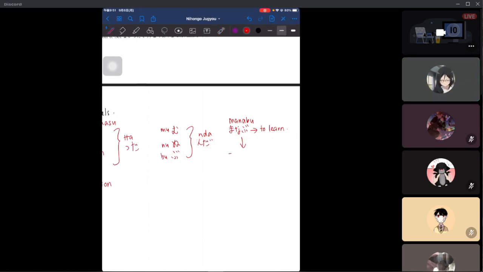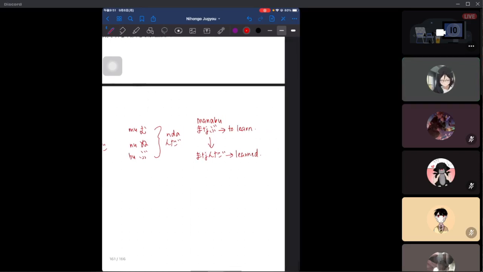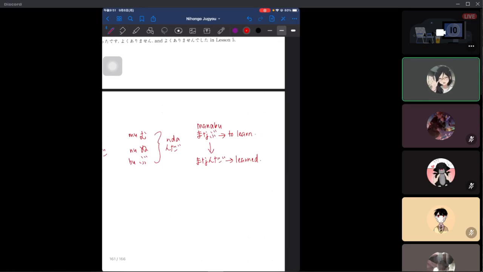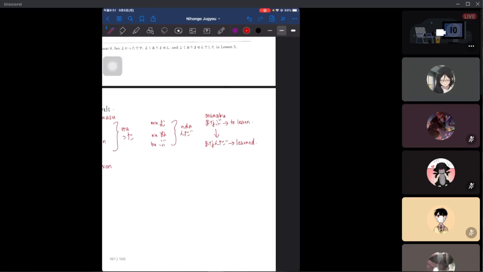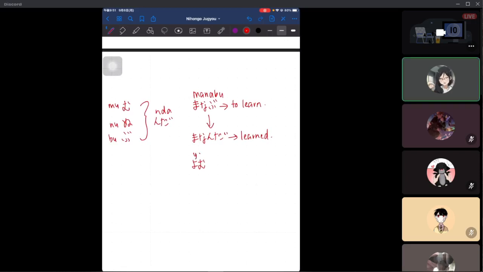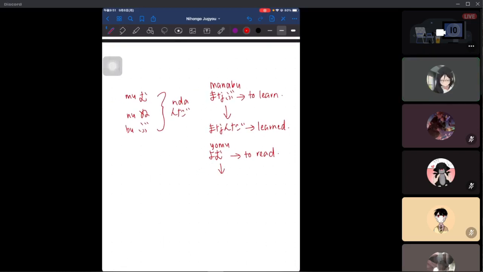It will become mananda, which means learned. Then for another verb, maybe yomu, which means to read. If you conjugate it into the past tense short form, you just replace the mu with nda. It will become yonda.